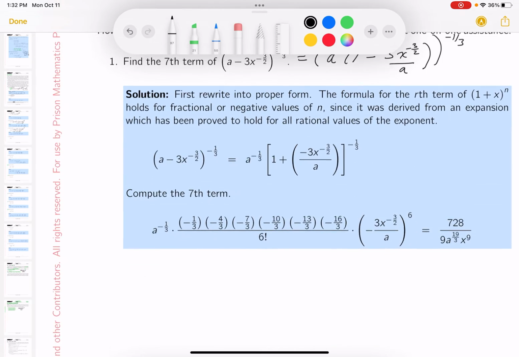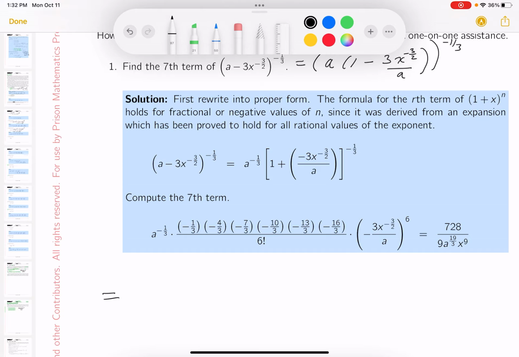And I got to keep going here, right? I'll put it over, I got space down here now. So it's A to the minus 1/3 times, let's be careful.